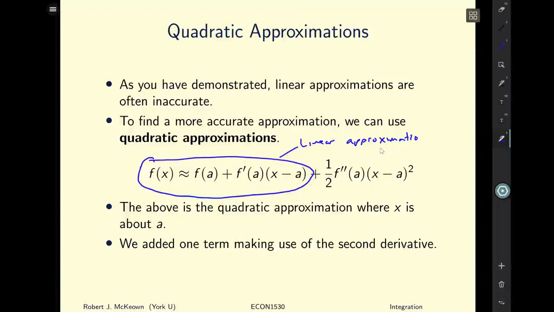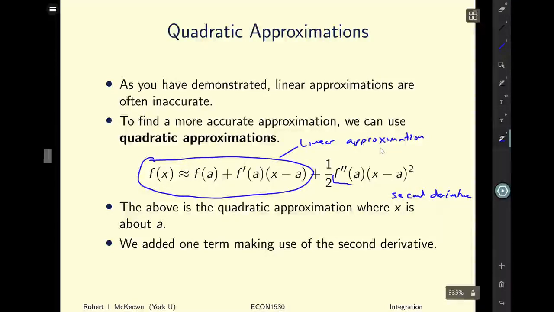Where does the quadratic come in? Here's the quadratic part. This is the second order polynomial. We're going to use the second derivative to get a more accurate result. And I should be a little bit more specific.